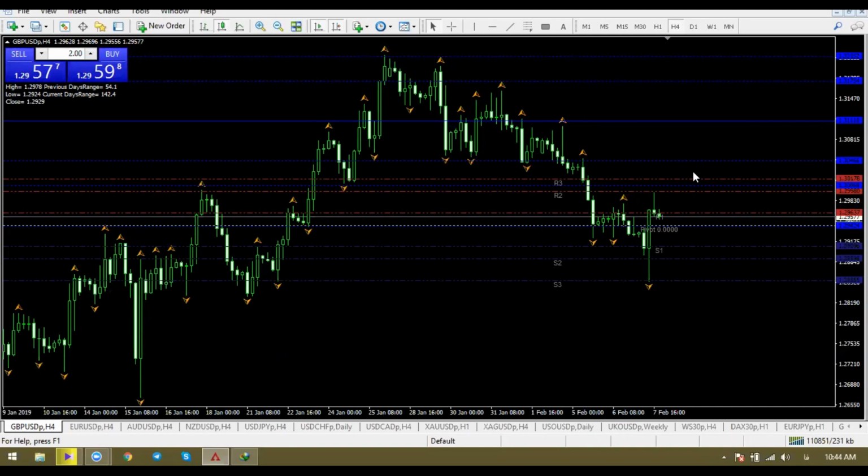Exactly. So how do we know if the 61 is going to break or pull back? You have to see the shape of the candle, if it creates a shadow or not. No. How do I know that my shadow would be created in the future or not?